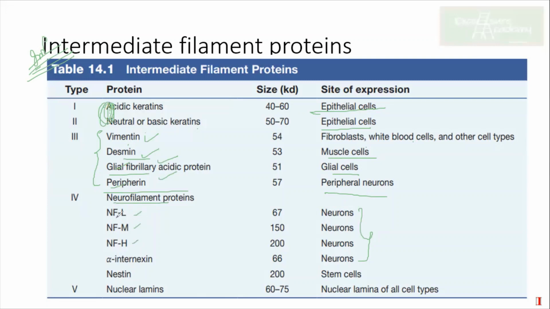NF stands for neurofilament proteins. All are expressed in your neurons. Then alpha internexin, again neurons. Nestin, stem cells. Nuclear lamins, you must already know these. Where are they? In the nuclear lamina of all the cell types. So under the intermediate filaments, you have the nuclear lamins.